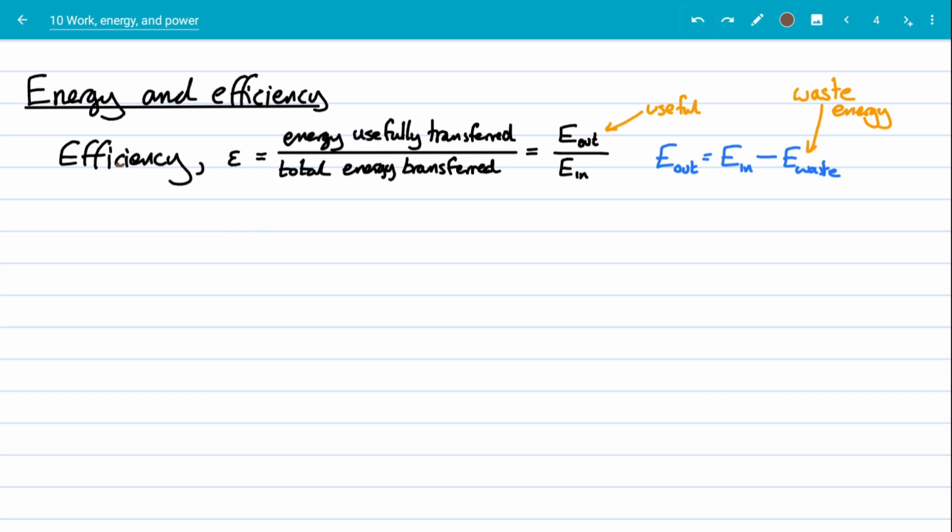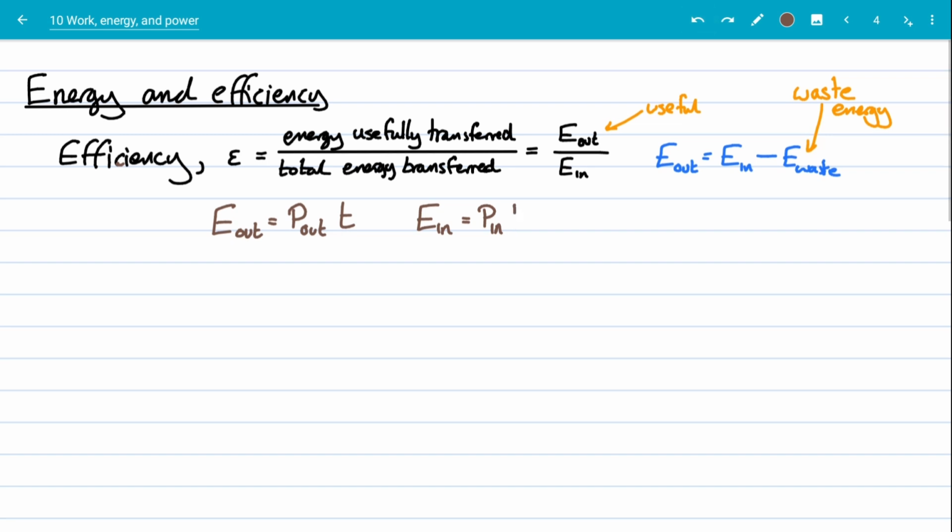Let's say that the energy which is transferred usefully is equal to the useful power multiplied by the time that the appliance is running for. And it's the same for energy. So the total energy that's transferred into our appliance is equal to the rate of transfer of energy into our appliance multiplied by the time that our appliance is on for.